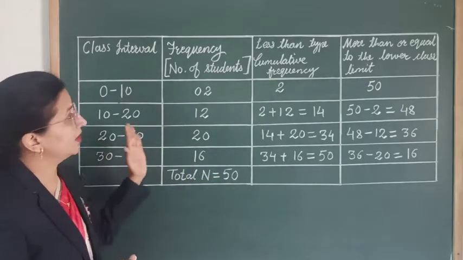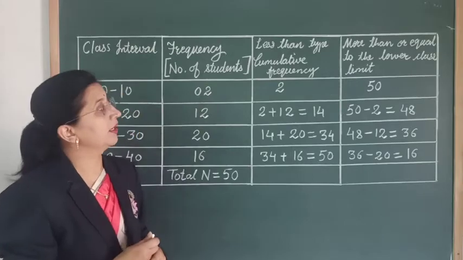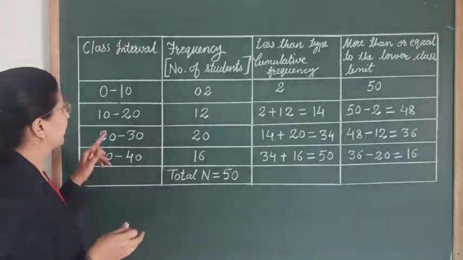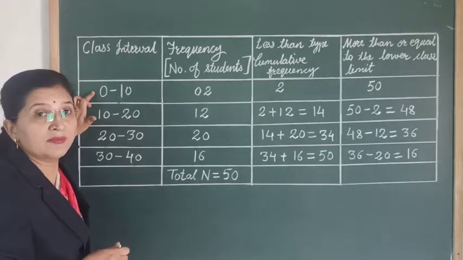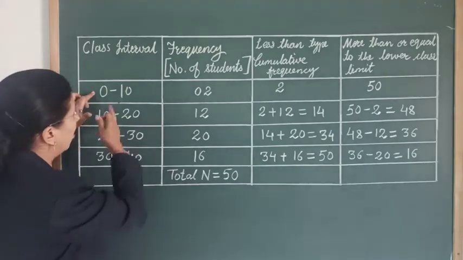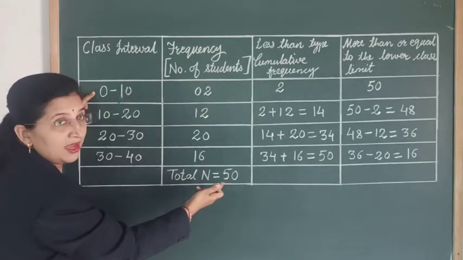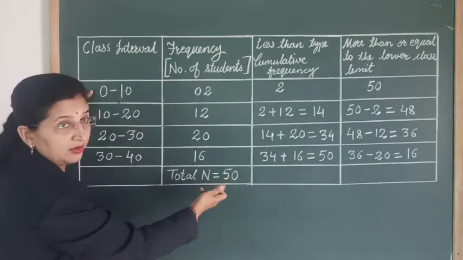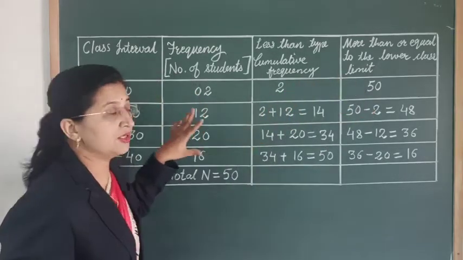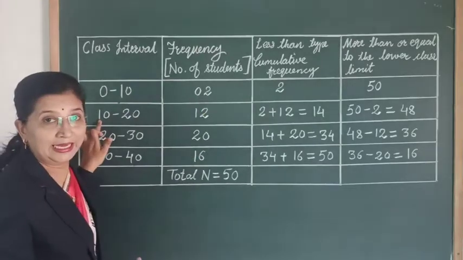Now let's try to understand the more than or equal to the lower class limit. In this case, we'll ask the question, how many students score the marks 0 or more than 0? So here all these students score the marks more than 0, that is 50. Then how many students score the marks more than 10?